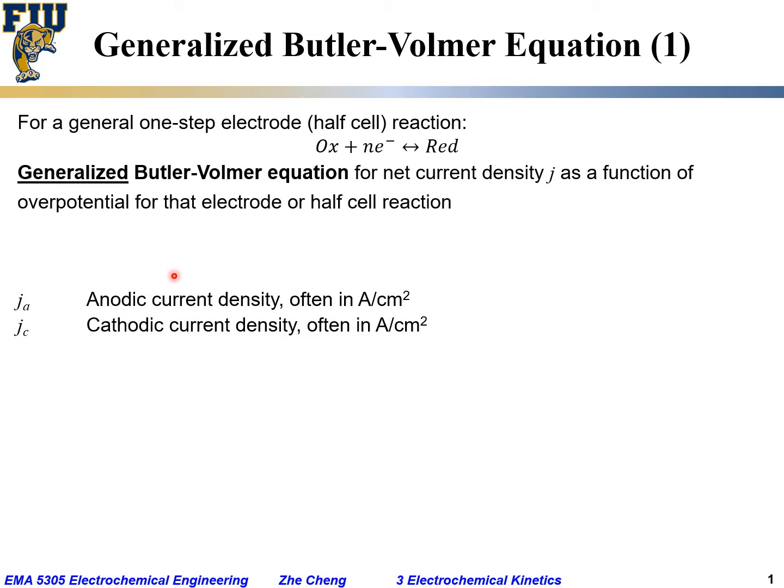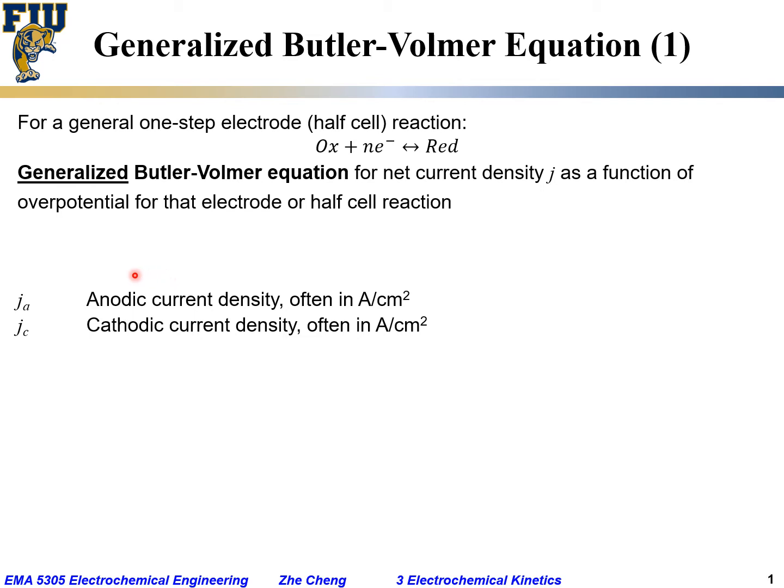JC is negative for cathodic. When you add JA and JC, if the overall number is positive, the overall electrode reaction is anodic or oxidative; if negative, the overall reaction is cathodic or reduction; and if zero, there is no net reaction. It is under equilibrium.